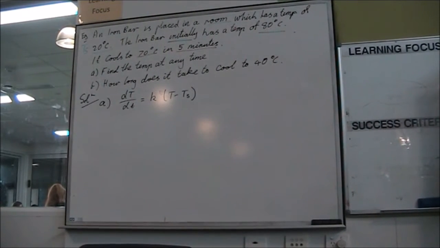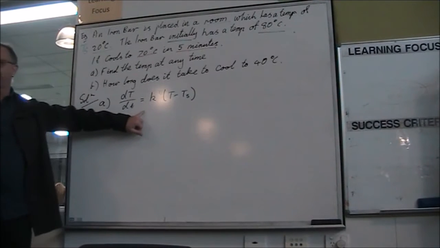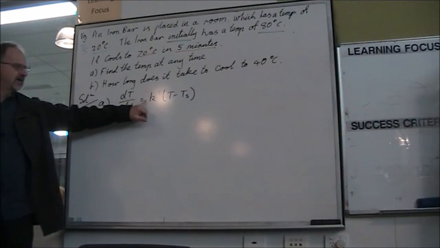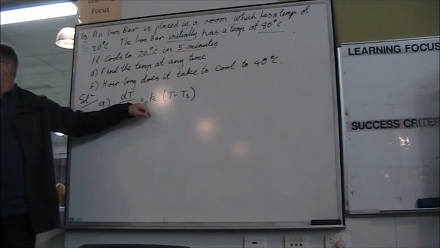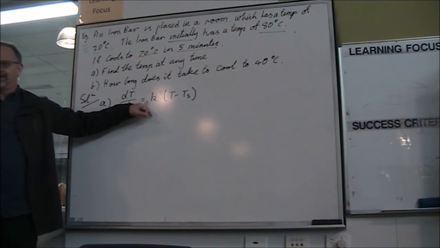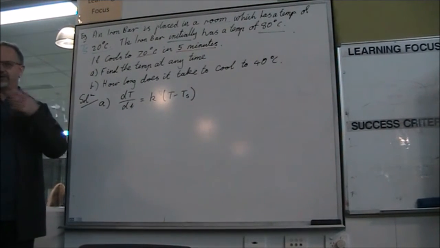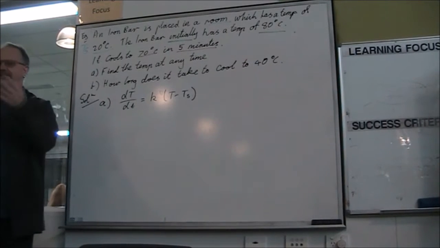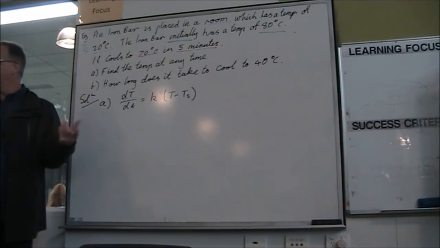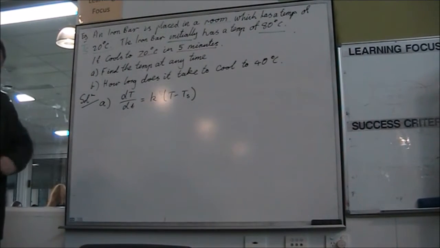Now sometimes, because it's cooling down, it's going down, so sometimes you'll see people write this initially with a minus here. Whether you put the minus there or whether you don't, in the end, it doesn't make any difference, because when you do your calculations to find what this constant is, it takes care of it. So that's not something you need to be worried about.